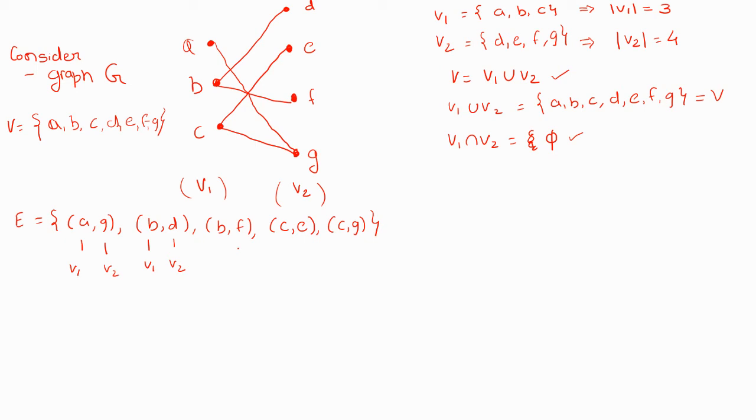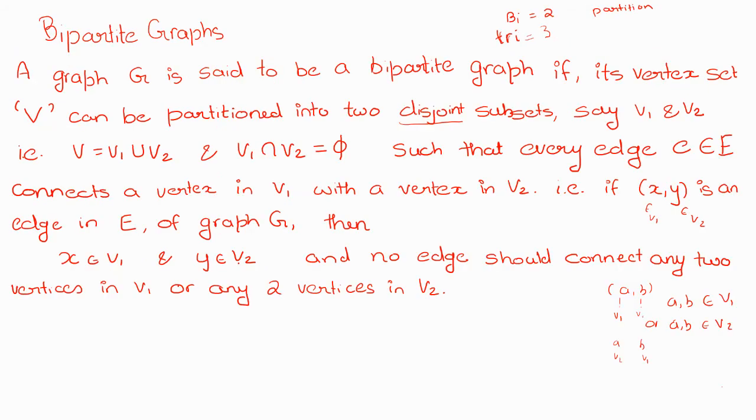So similarly, all these are from V1 to V2. That means this condition is also satisfied, that every edge in E connects a vertex in V1 with a vertex in V2. That is, if x comma y is an edge in E of graph G, then x belongs to V1 and y belongs to V2.